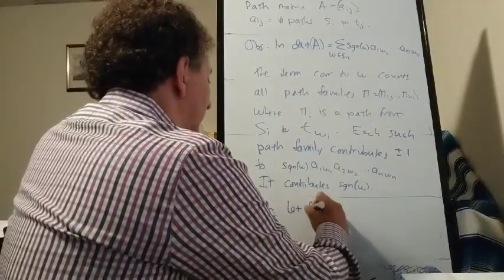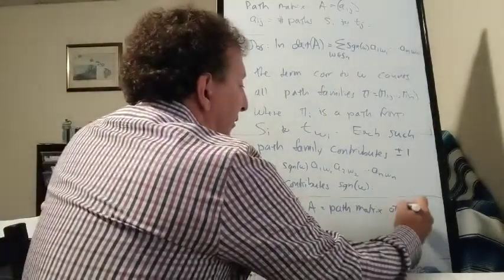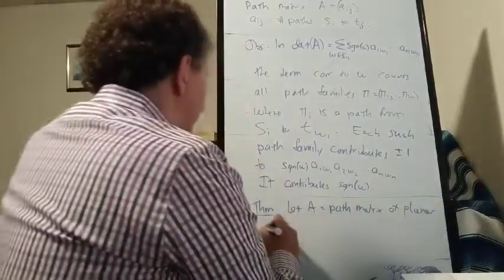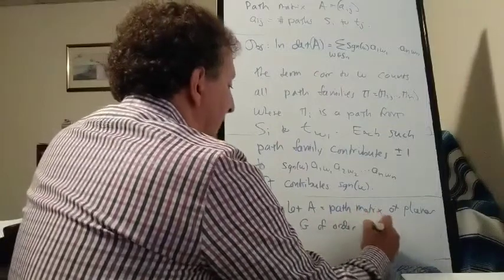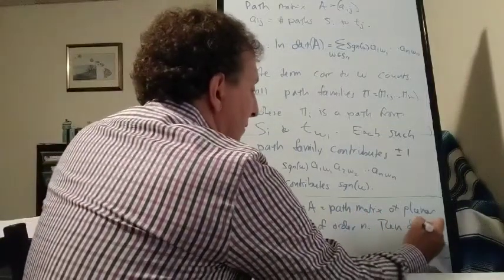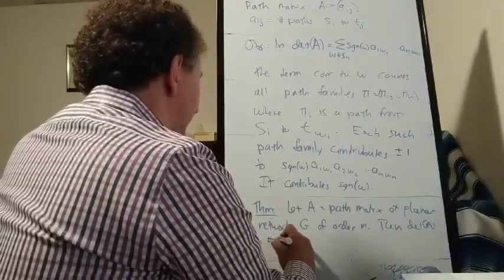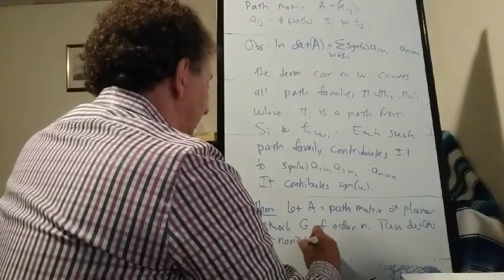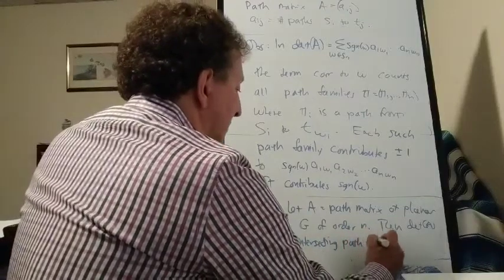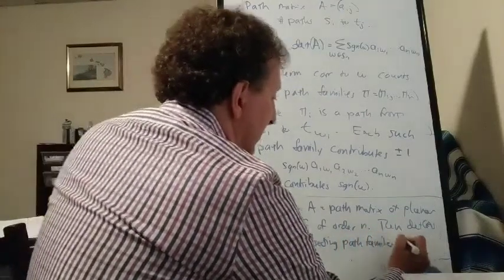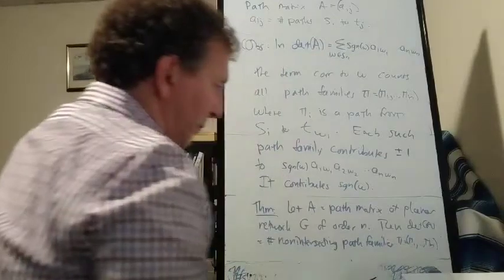So let A be the path matrix of a planar network G of order n. Then the determinant of A equals the number of non-intersecting path families pi 1 to pi n.